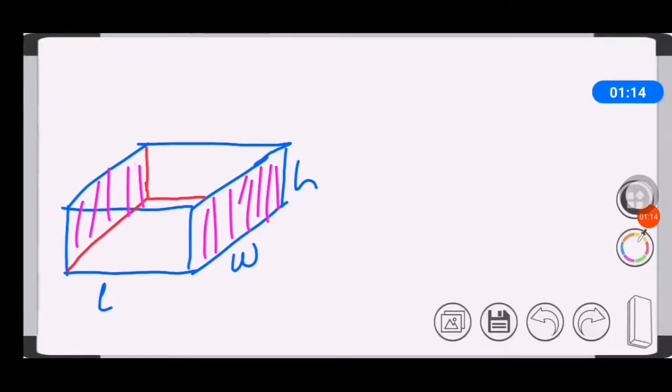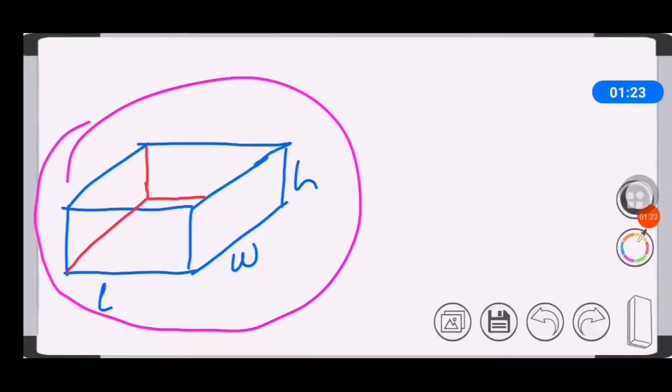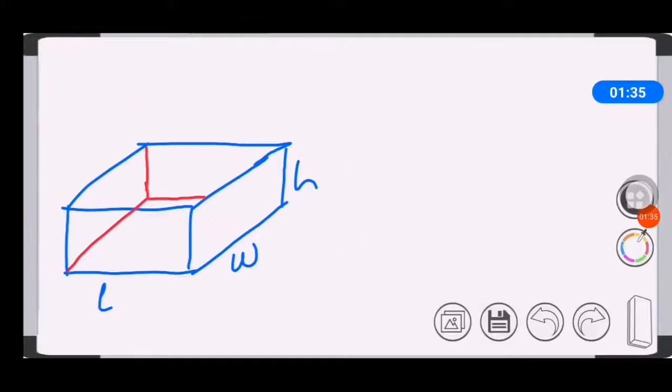Do you see that? So we are going to find the area of all the 6 rectangles. That will be the total surface area of the whole cuboid. That is the basic idea. So to find the surface area of the cuboid, you are basically finding the areas of all the 6 faces. Got it? Great.